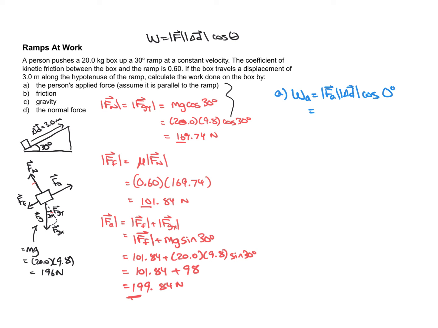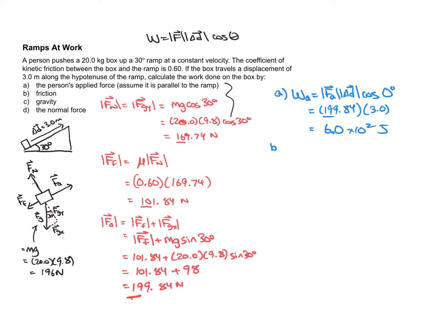So I'll take the applied force I just calculated, 199.84, to 2 sig figs, times the displacement, which is given as 3.0. Put on the calculator, I'm getting 600 basically, or to 2 sig figs, 6.0 times 10 squared joules.